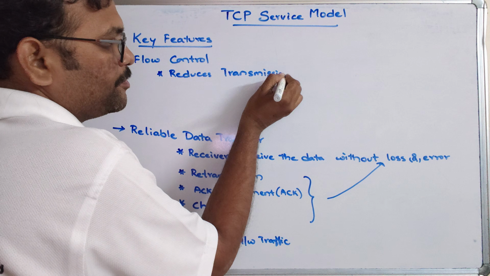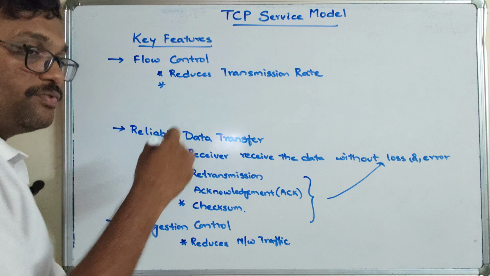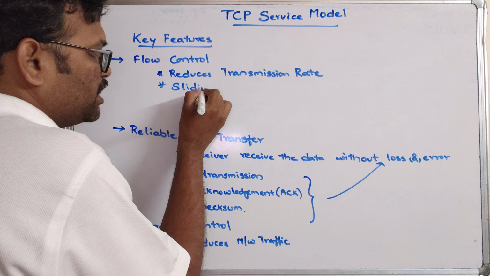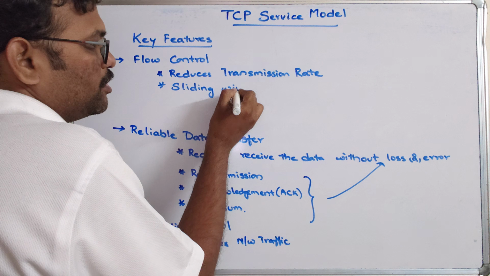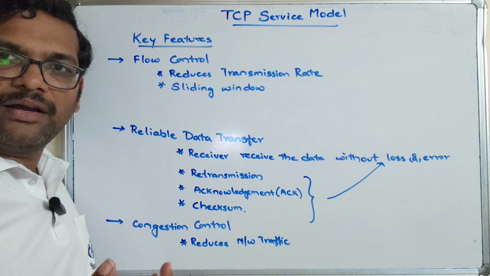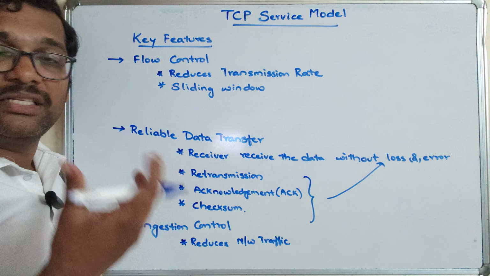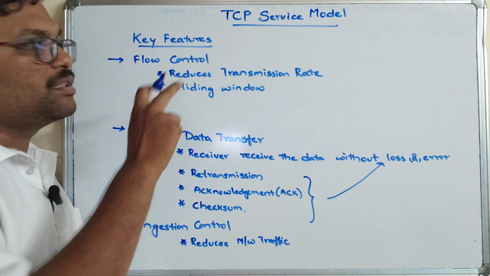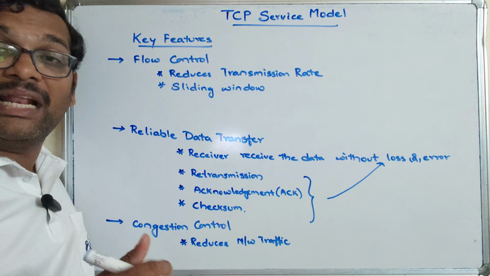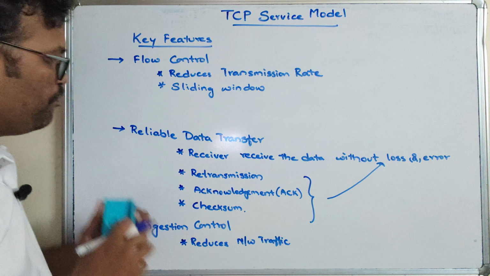To do this, we have seen sliding windows, with different techniques like go back n or selective repeat. With the help of those techniques, the data flow will be controlled between sender and receiver. It means consistency of sender and receiver.